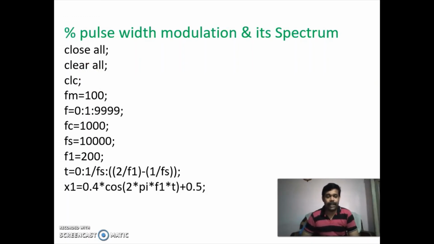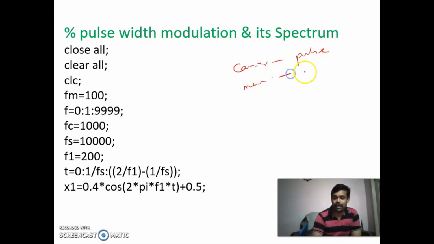In pulse width modulation also, your carrier is a pulse train and your message signal is an analog signal. Here the width of the pulse is varied depending upon the modulating signal. Depending upon the modulating signal, you are varying the width of the carrier.